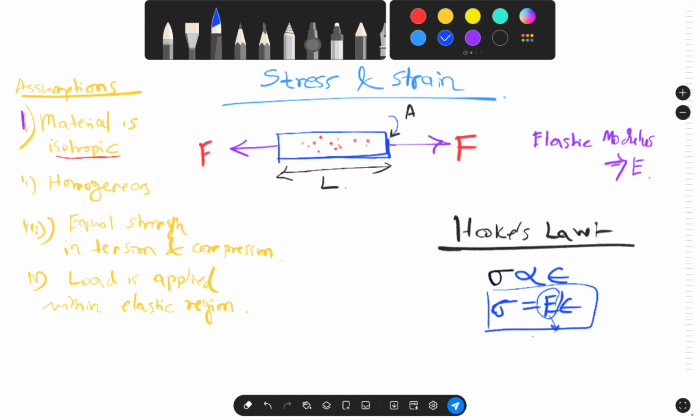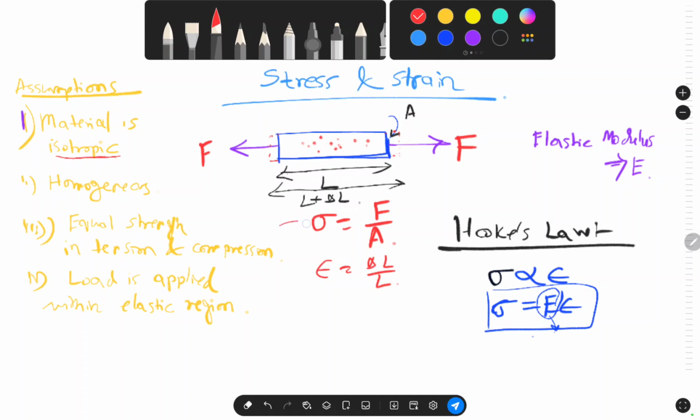Now the stress is equal to F by A. Due to the applied force, let us consider that the body changes position, and a small length change occurs, so the length becomes L plus del L. So the strain will be del L by L, the change in dimension to the initial dimension, that is engineering strain.